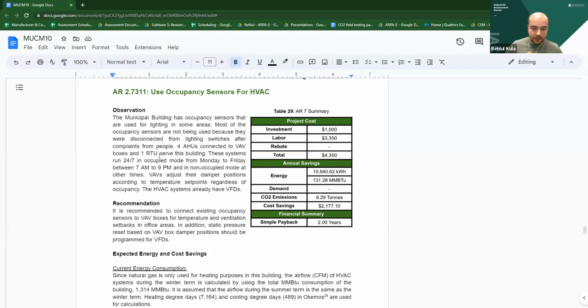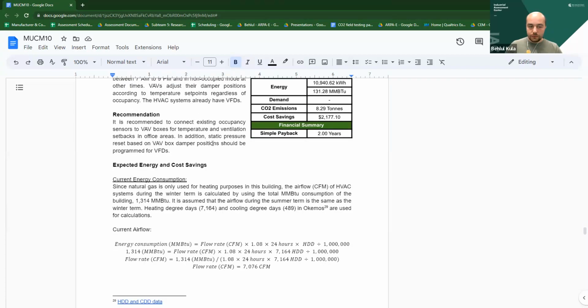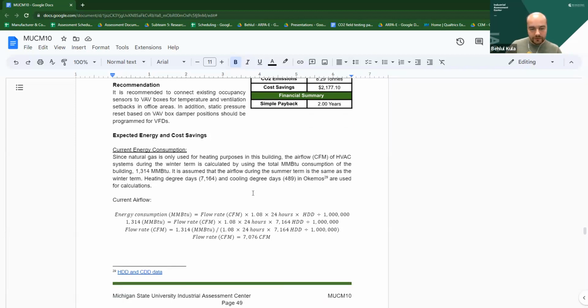We assume that here your systems are working 24/7 in occupied mode, Monday to Friday, 7 a.m. to 9 p.m. We saw that on your building automation system, and we used those numbers. We also assumed the occupancy of some of the areas, and with that assumption, we found the savings.